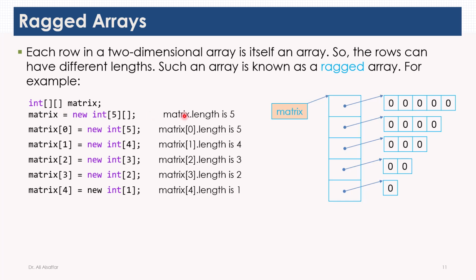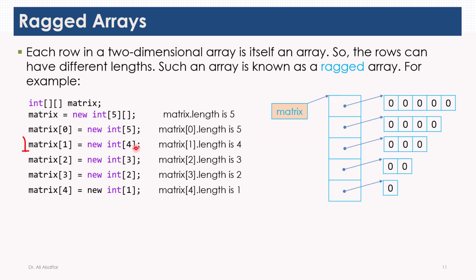And then you go to the individual index variables of the first array one by one and create arrays of different sizes and assign their references to these index variables. So let us create the first one-dimensional array of size 5 and assign its reference to the first index variable of this array. Here we write matrix[0], referring to this index variable, equal to new int[5]. So we are creating a one-dimensional array of size 5, and its reference is saved into matrix[0].